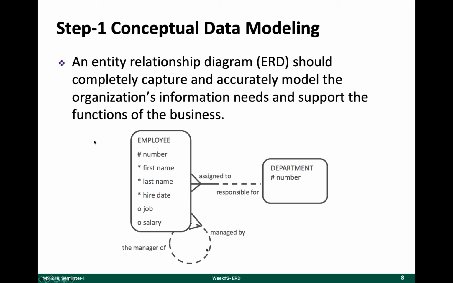The only difference would be that someone might use a simple rectangle instead of this soft box, or in some standard someone might put one line under the entity name. That's nothing. In the relational model, the concept of entities, attributes and relationships that we are discussing is the same in all standards and all notations.